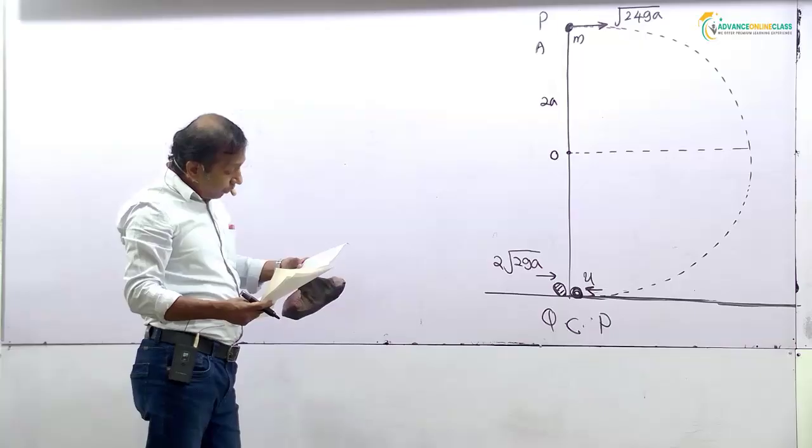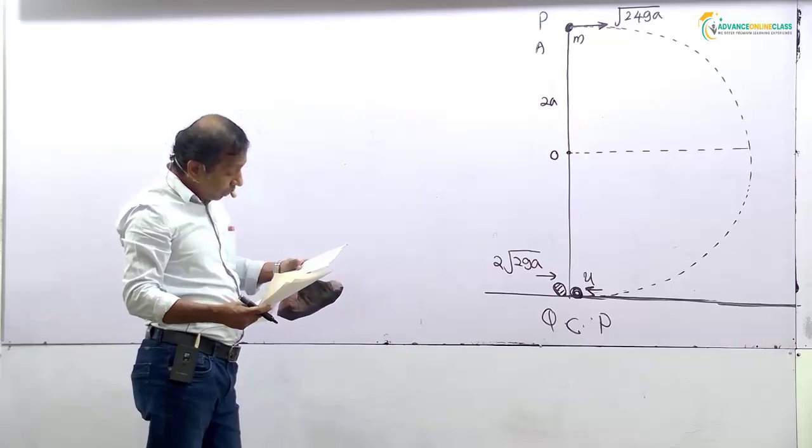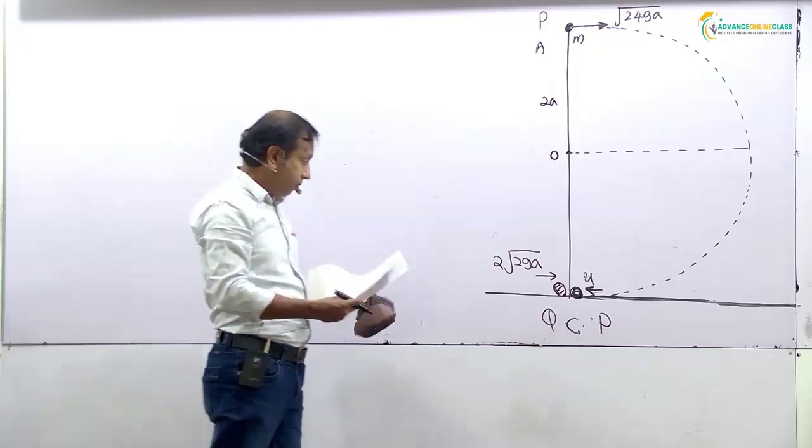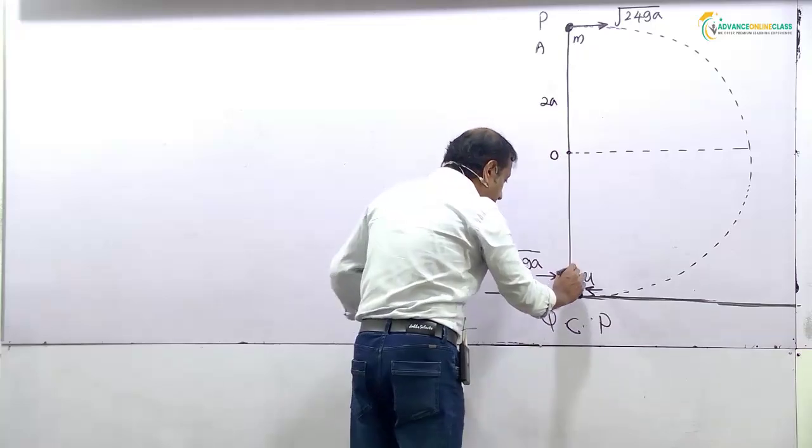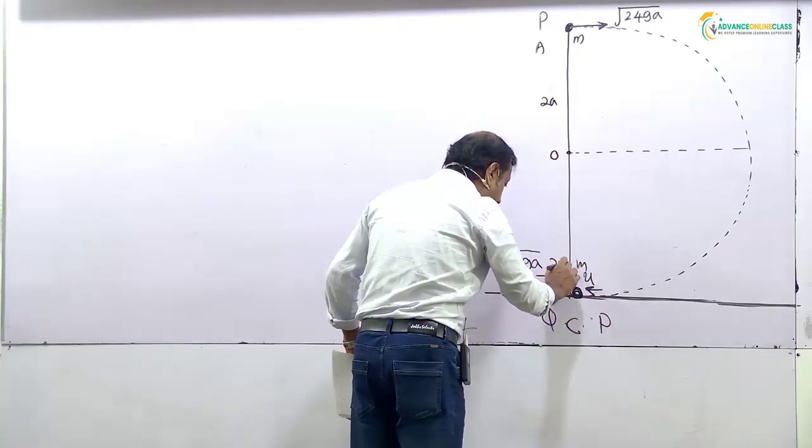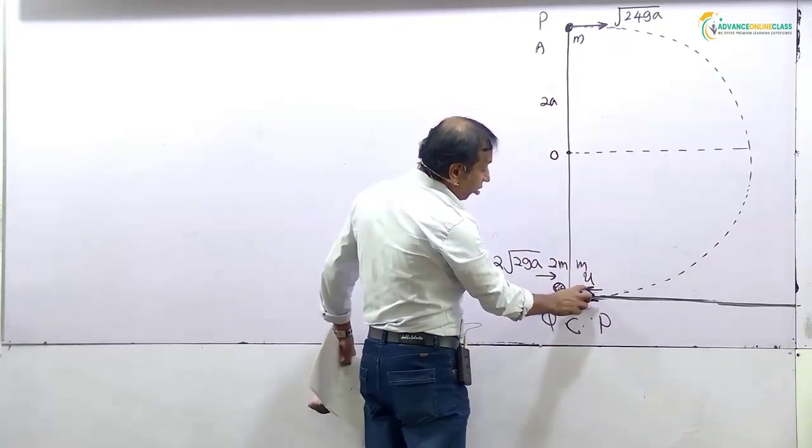Particle P of mass M and Q of mass 2m, no? Yes. This is M, this is 2m. Okay, first we'll find this u.